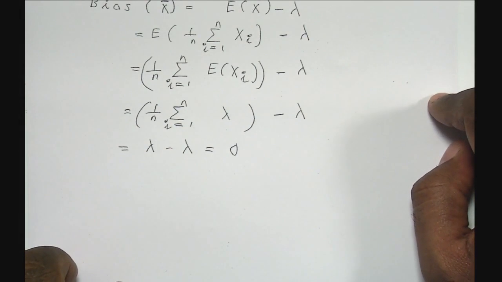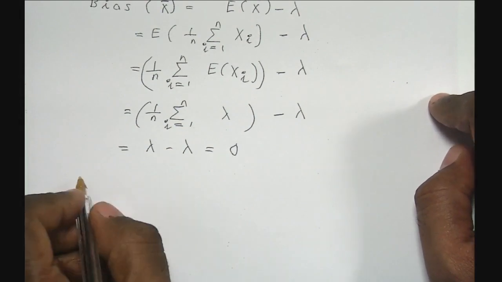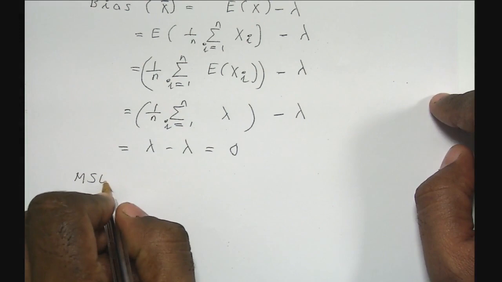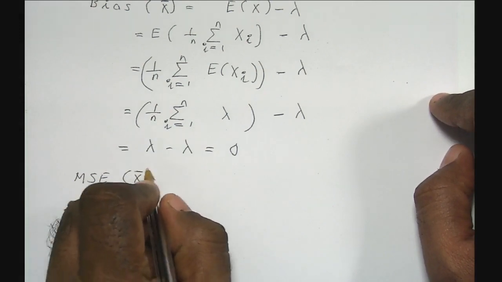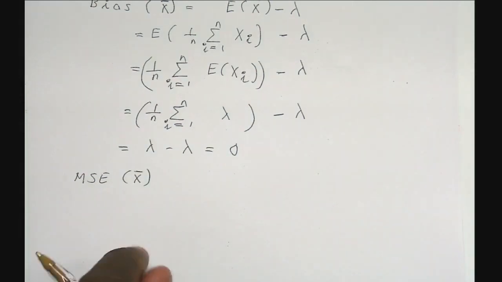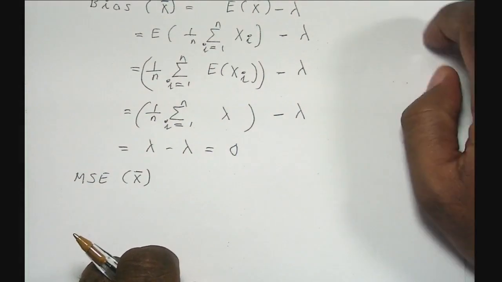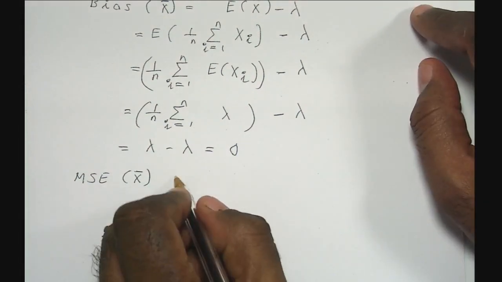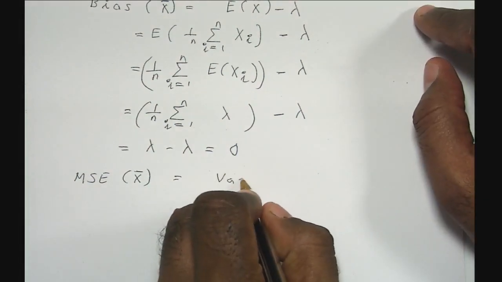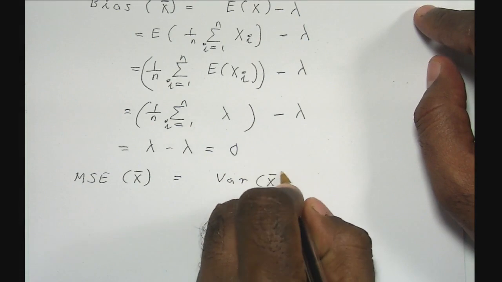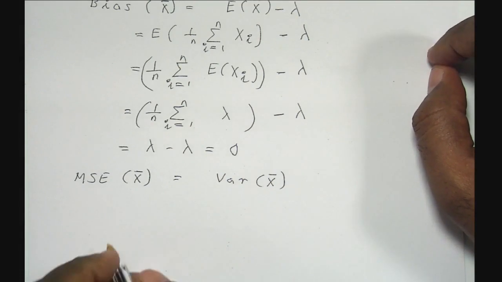Now to find the MSE of the estimator, it's the same as the variance because the bias is 0.